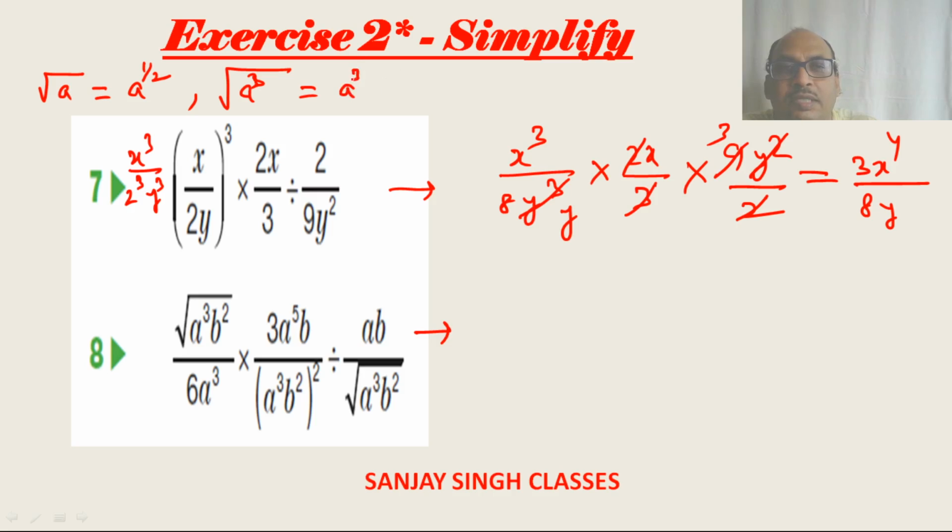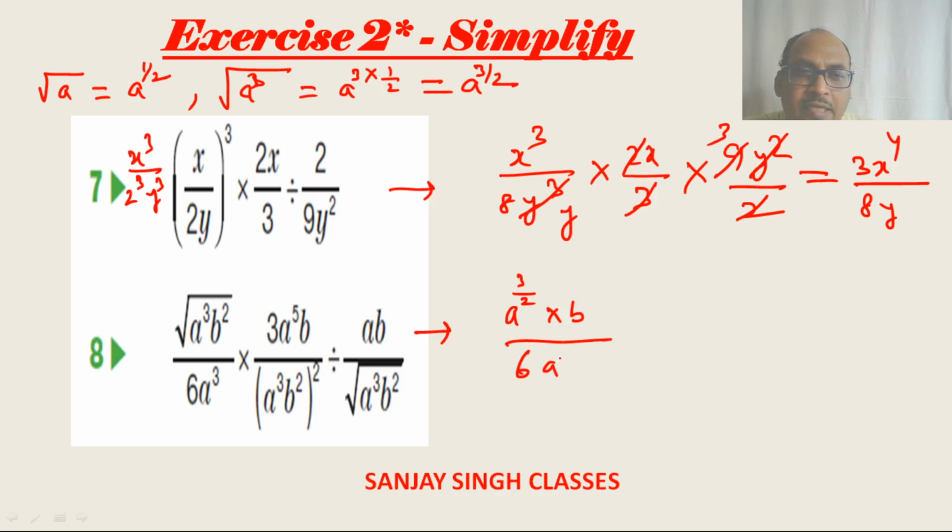A to the power 3 into 1 by 2 has given us 3 by 2. Okay, right. So now here, utilizing the same principle, root a cube b square, we can write a to the power 3 by 2 and b to the power 2 by 2, so it is 1 only. B to the power 2 by 2, it is 1. So b has come out.